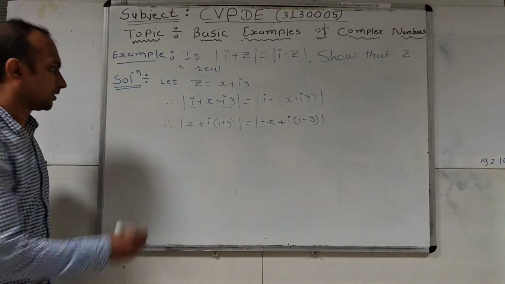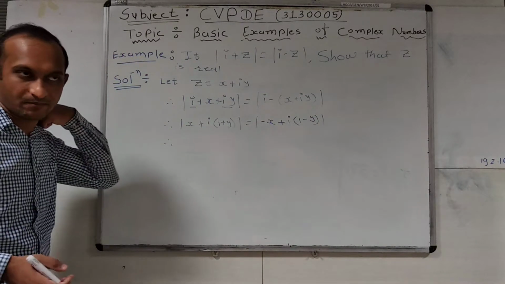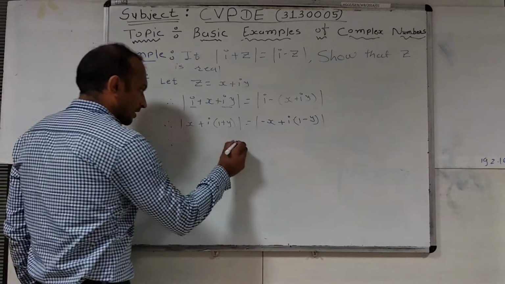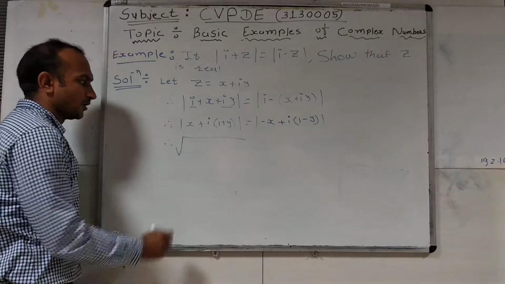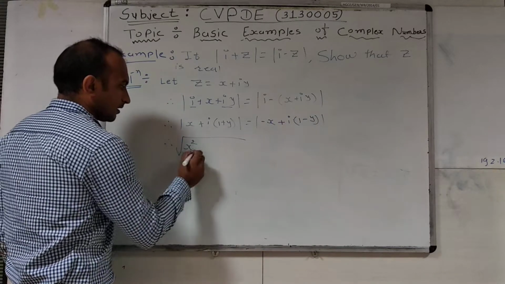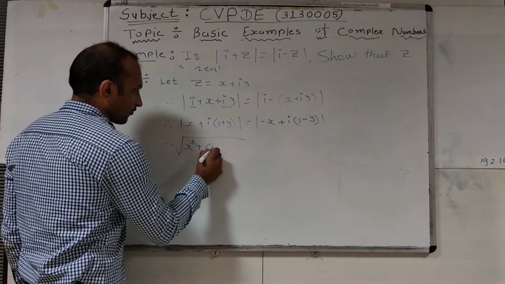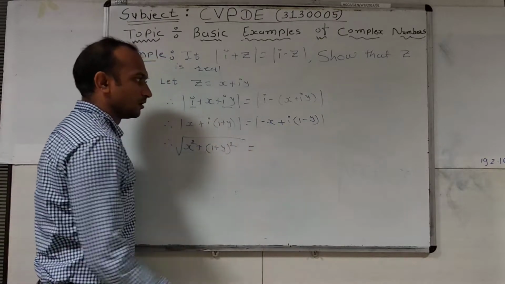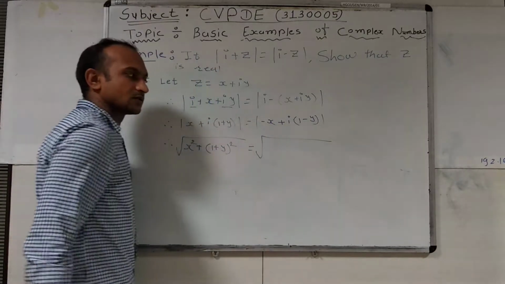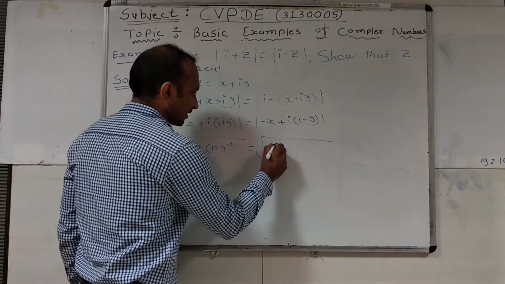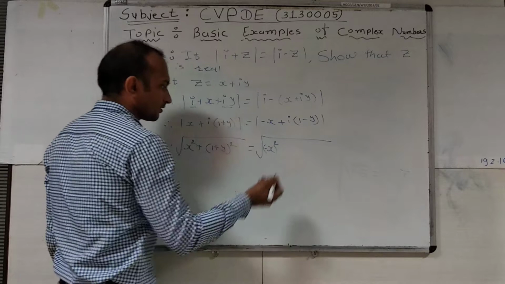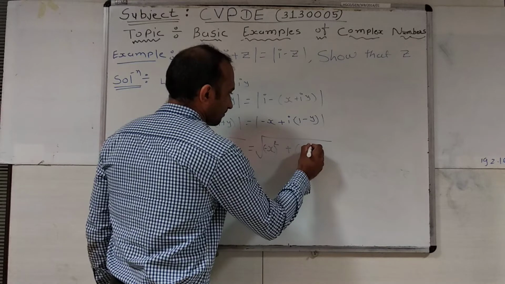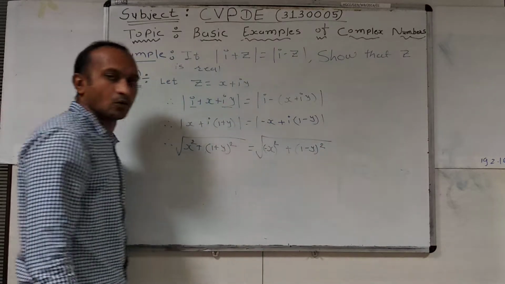Okay, now apply modulus. Modulus means square root of real part square plus imaginary part square. So by the definition of the modulus we get square root of x square plus 1 plus y whole square. Now this equals, similarly, square root of minus x whole square, which is x square, plus 1 minus y whole square.